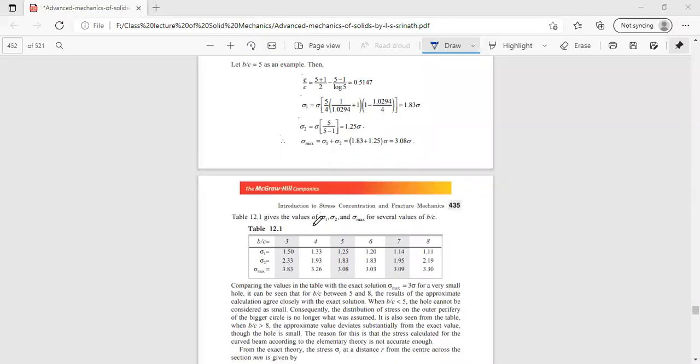Now, this gives the value of sigma 1, sigma 2, and sigma max for several values of B by C. If we put these values here and calculate, we'll get this type of chart for sigma 1, sigma 2, and sigma max.